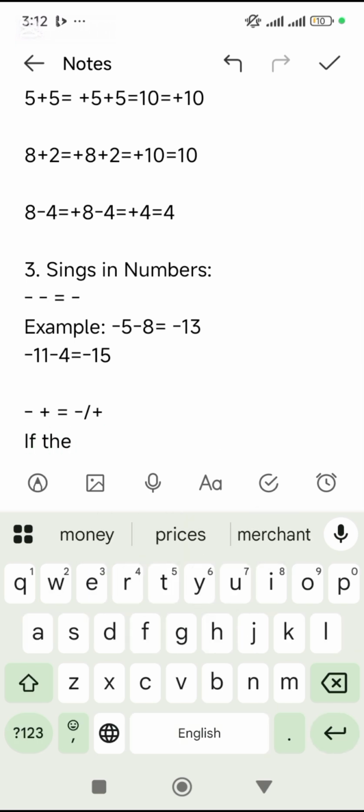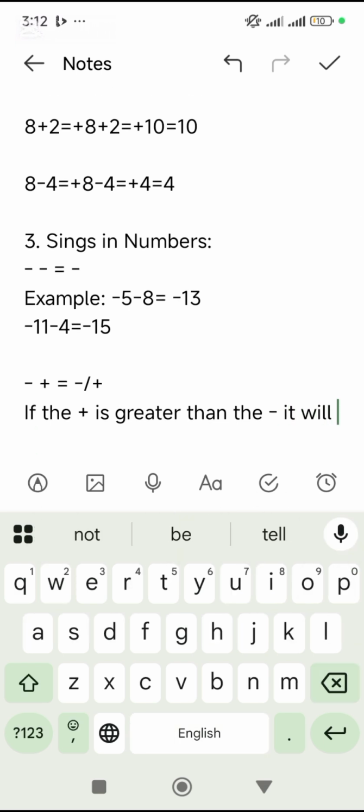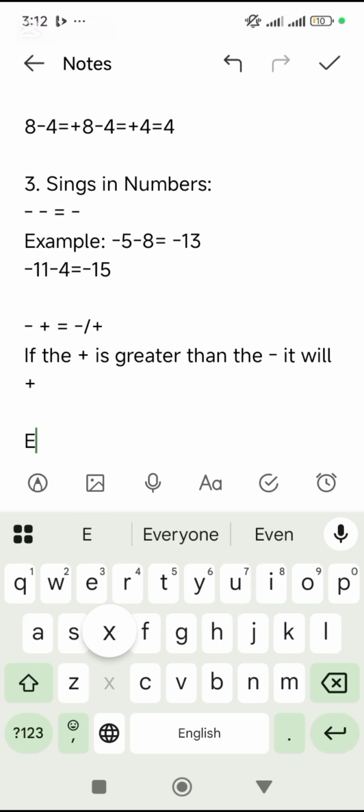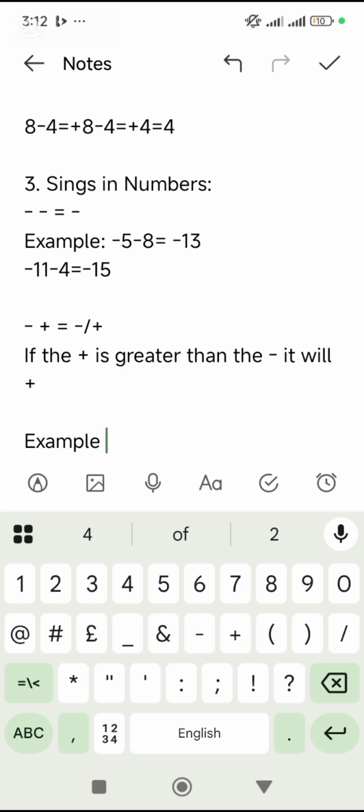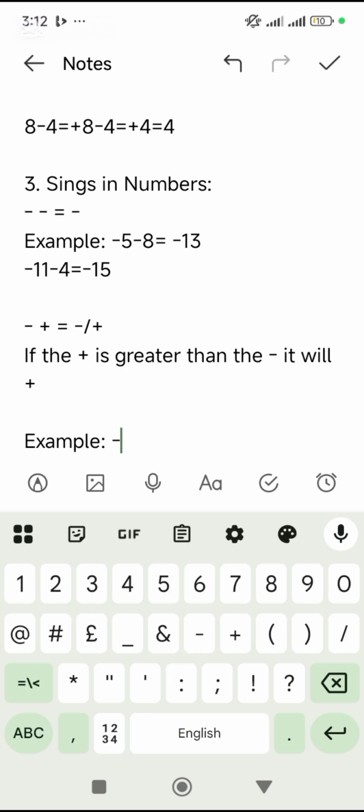If the positive is greater than the negative, it will be plus. So let's take an example. Let's say you have minus 3 plus 10.